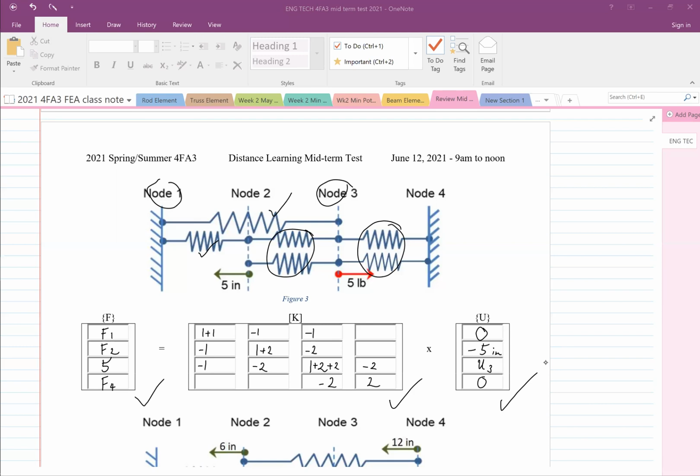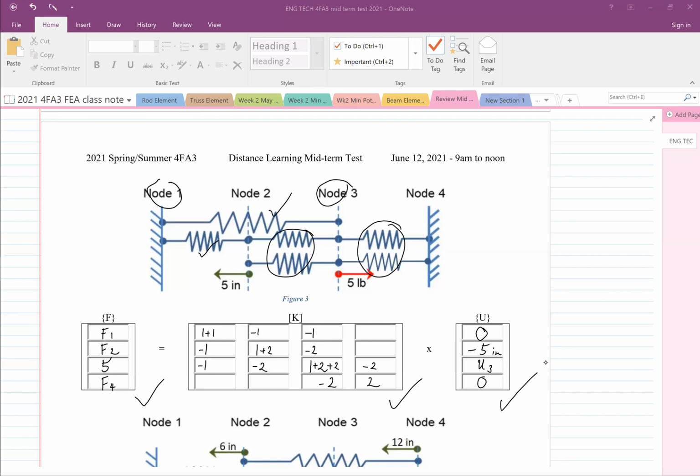F2 should not be 0 because there is a displacement on Node 2, which is a -5 inches. And if there's a -5 inches on Node 2, there must be a force making it -5 inch. Can you picture that?